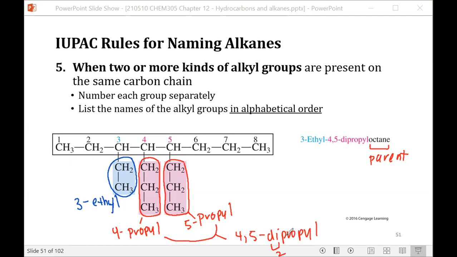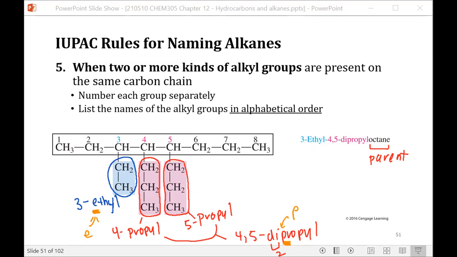So now when we put this name together, it's based on the first letter of the substituent group. We're comparing ethyl to propyl. The Greek prefix doesn't count. It's just showing that there's 2 of them. We're going to do it based on P for propyl and E for ethyl. So E comes before P in the alphabet.